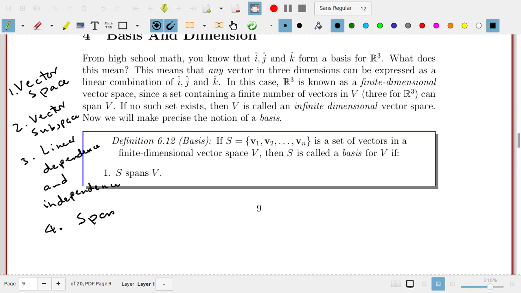Okay, so now what we'll do is we'll look at the idea of a basis and dimension.